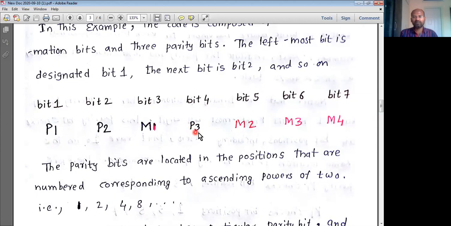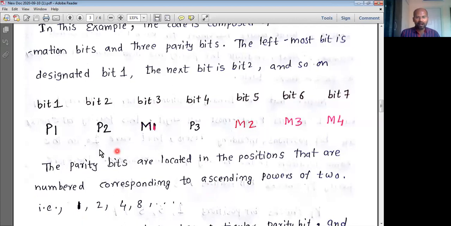So parity bits will occupy bit 1, bit 2, bit 4, and bit 8 if we have a lengthy Hamming code. How do you get these? Just 2 power 0, 2 power 1, 2 power 2, 2 power 3, and so on. Only in those places we will get parity bits. In other places we will get message bits.